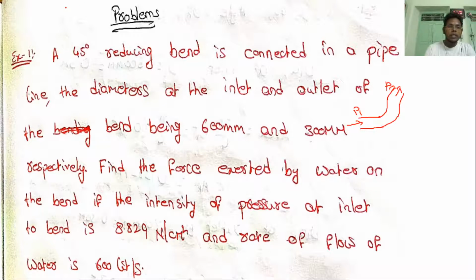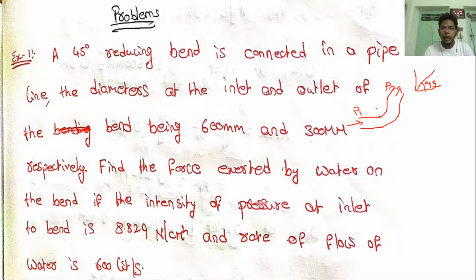Now what is this 45 degrees? Here I am drawing the rough diagram. This angle is 45 degrees. Now find the force exerted by the water on the bend if the intensity of pressure at P1 is 8.829 Newton per centimeter square.